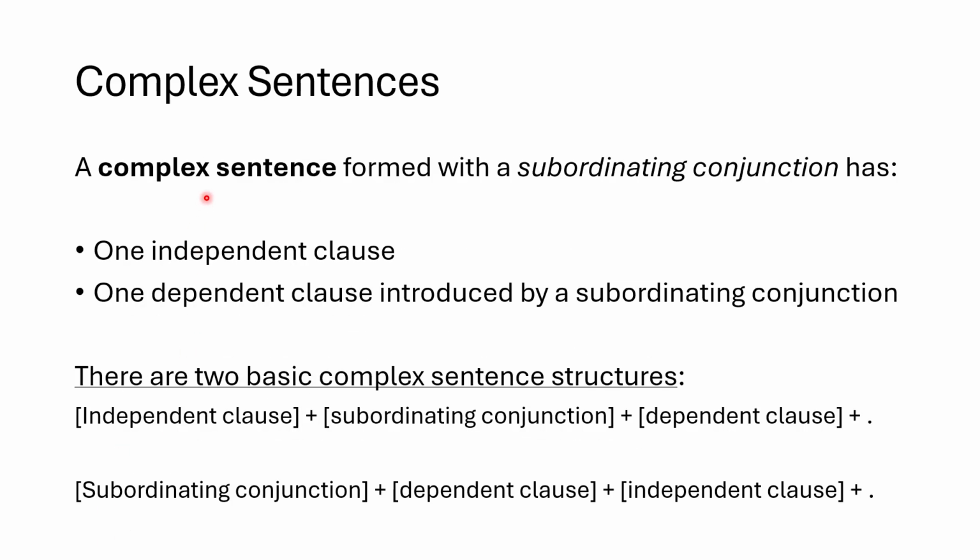A complex sentence formed with a subordinating conjunction has one independent clause and one dependent clause introduced by a subordinating conjunction. There are 2 basic complex sentence structures: independent clause plus subordinating conjunction plus dependent clause. Subordinating conjunction plus dependent clause plus independent clause.